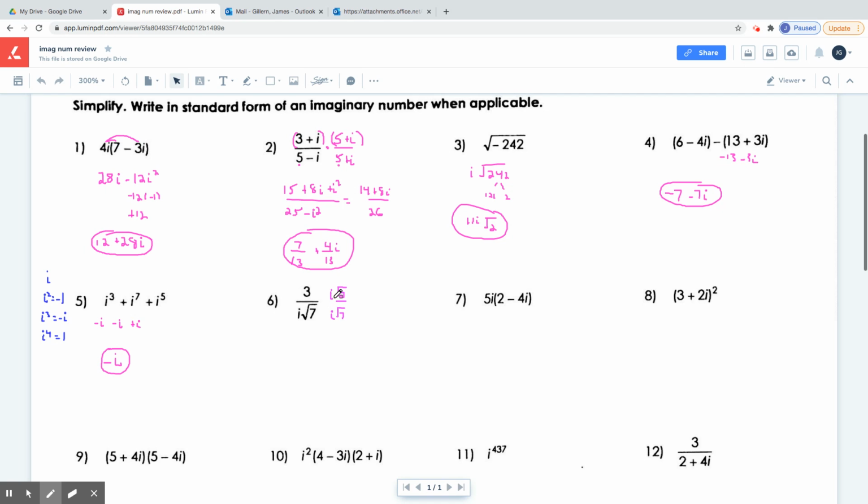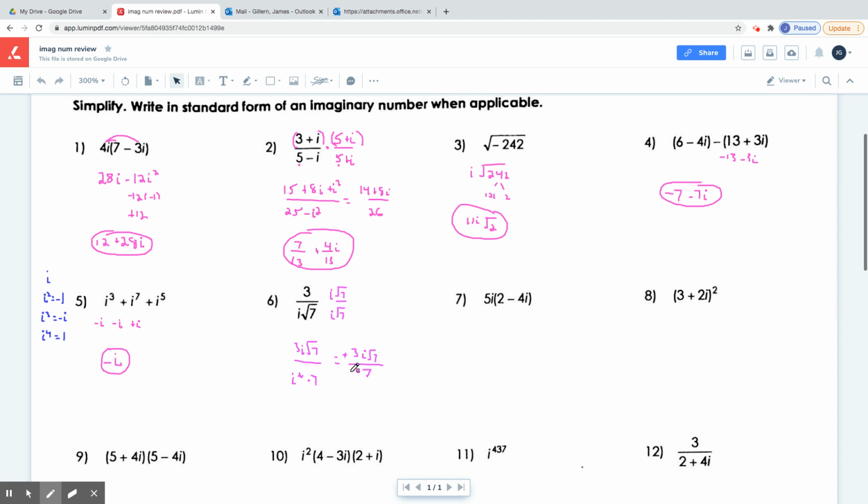So we end up with 3 times i, which is 3i root 7, over i times i, which is i squared. Root 7 times root 7 is just 7, but i squared is negative 1, so it's really a negative 7. So you end up with negative 3i root 7 over 7.